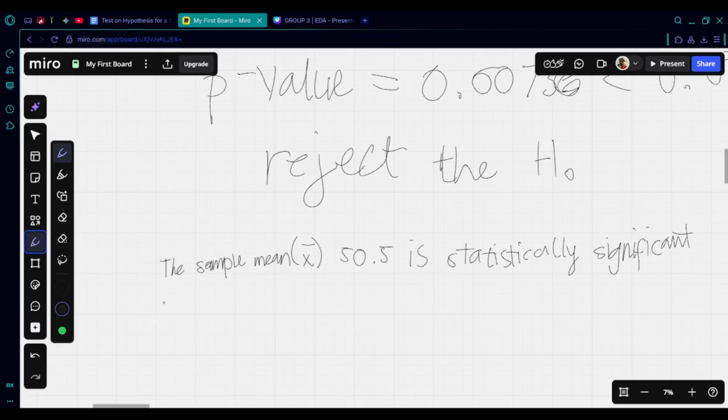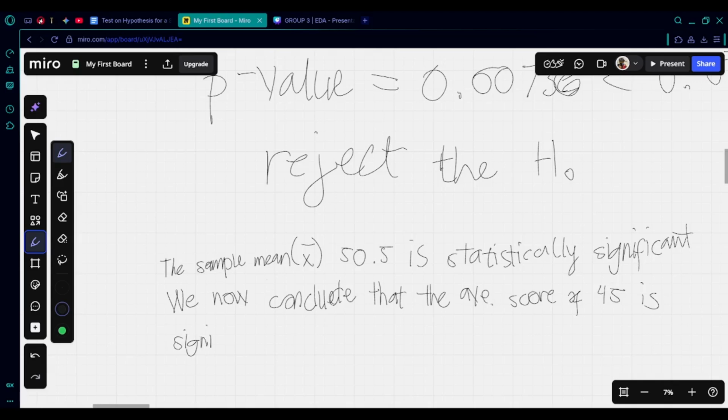So, from our null hypothesis, we now conclude that the average score of 45 is significantly different. And this is now our final answer.